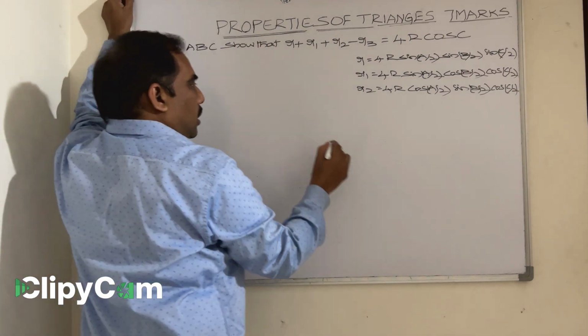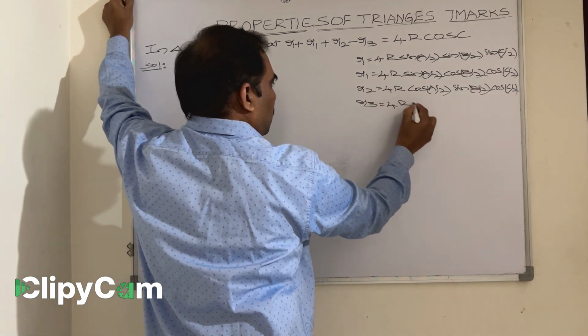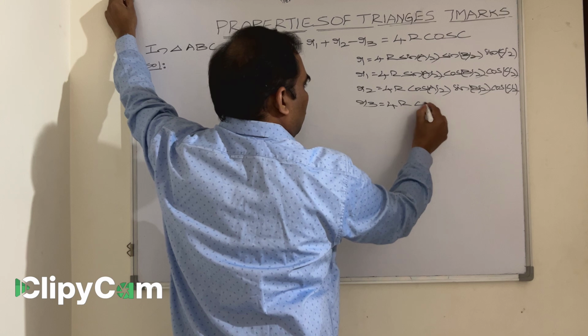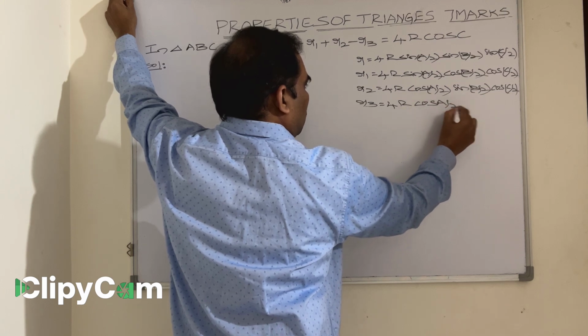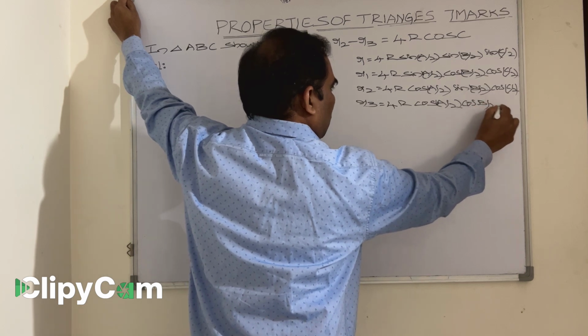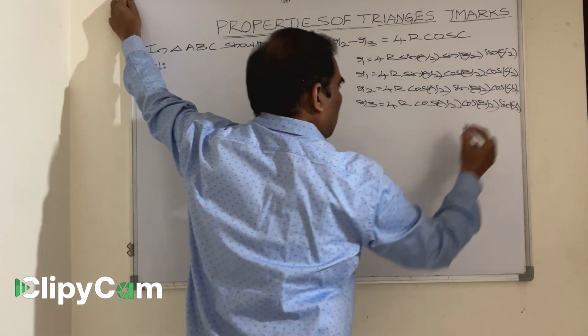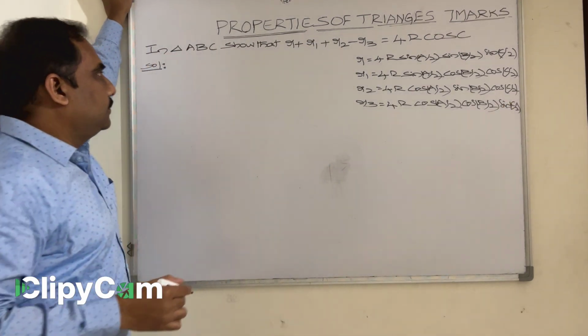Small r3 is equal to 4R cos A by 2 cos B by 2 sin C by 2. See, we have the formulas like this.